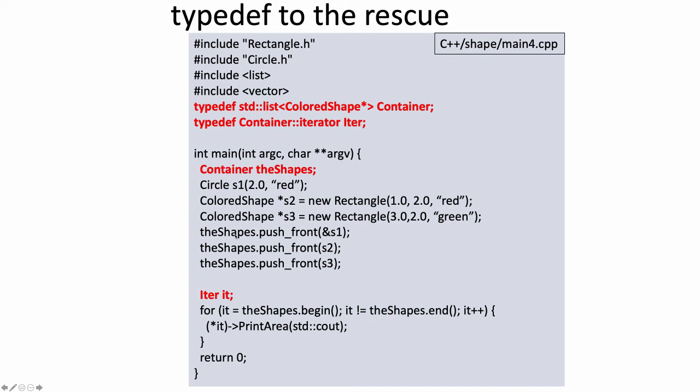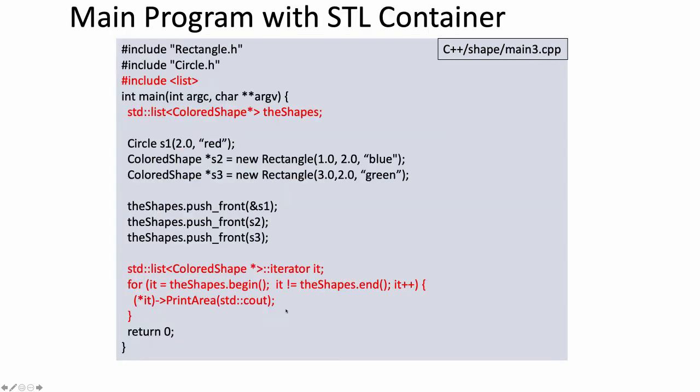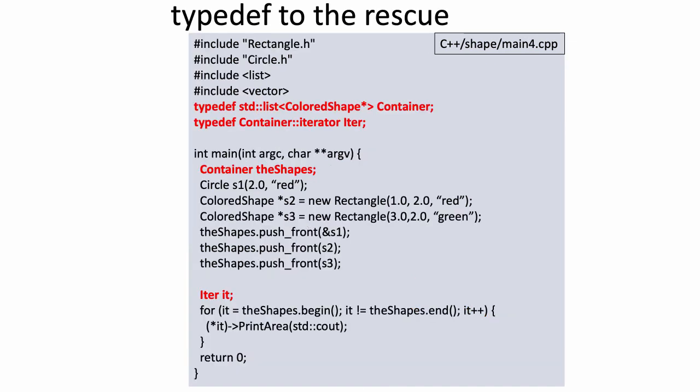I can push the shapes, and then I declare an iterator it, and then I just run through that, and I put it to you that it looks slightly cleaner than this stuff here. So with that, I'm done.